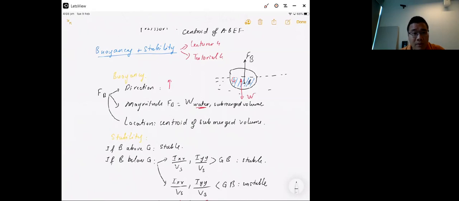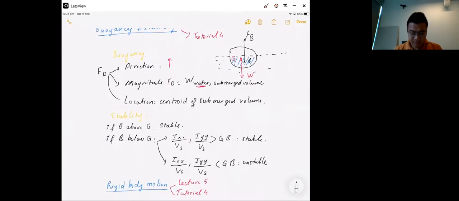Direction is upward, because this is buoyancy. Magnitude: FB will be the weight of water in the submerged volume. The submerged volume is the blue volume you can see on the screen. And the location is the centroid of the submerged volume, the centroid of the blue one. That is the buoyancy force.